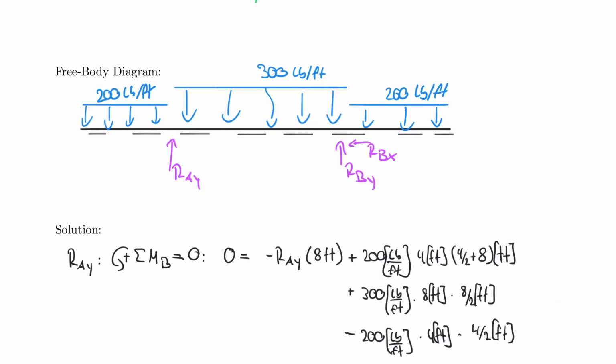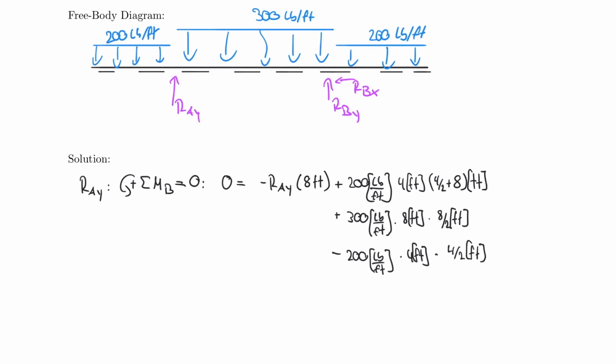But now I can solve the problem for you, and I can tell you that RAY is equal to 2,000 pounds. So 2,000 pounds. And that is a result. And by the way, that result due to symmetry is also equal to RBY. And in both cases, they are pointing upwards, right?